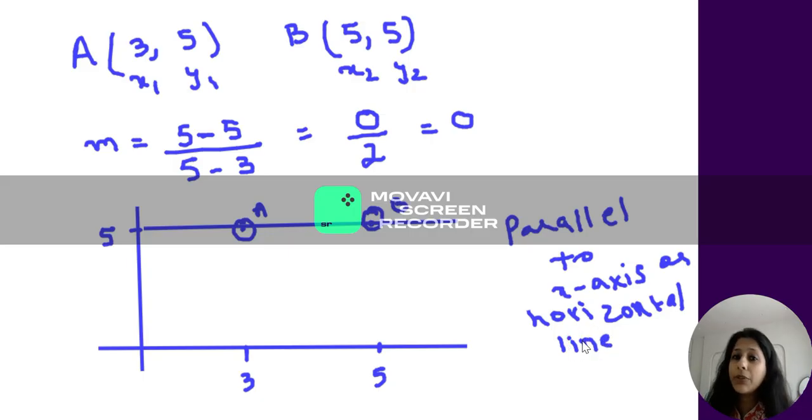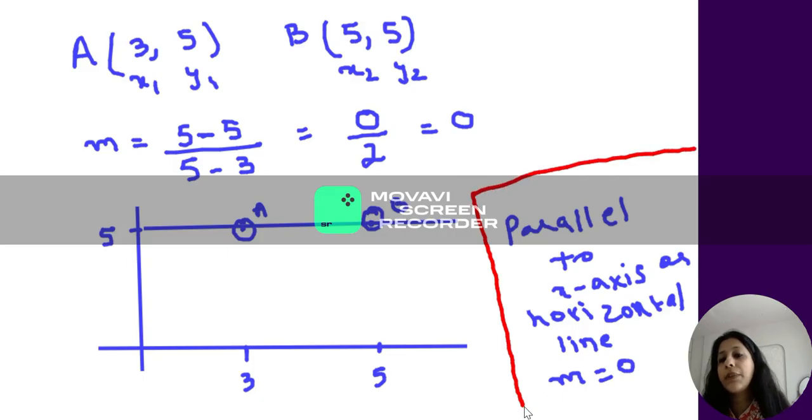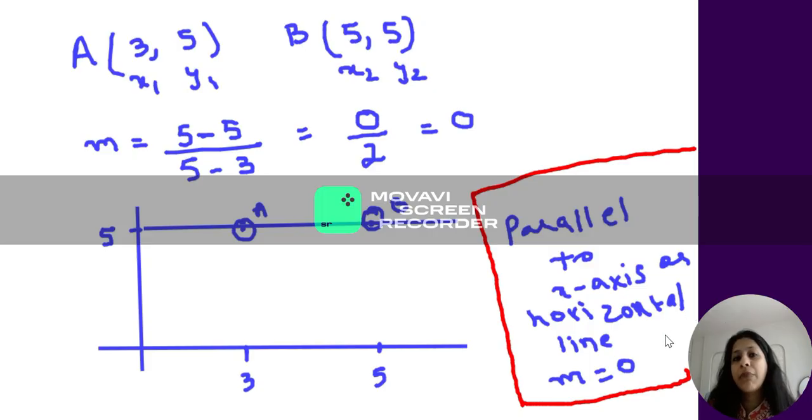And what do I observe about this line? I observe that my gradient is 0 for this line, right? So that means every horizontal line, that is every line which is parallel to the x-axis, will have the same y coordinate and the gradient of that line is going to be equal to 0, right?